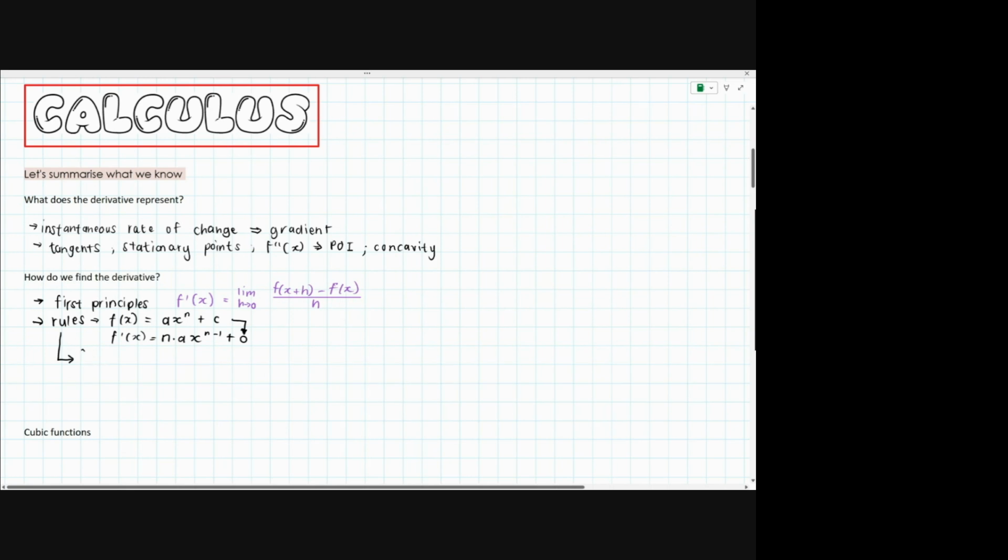Our formatting is obviously really important when we are working out derivatives. So first, a few things that we need to remember is that we never want a variable in the denominator. If there is a variable in your denominator, you need to introduce a negative exponent.